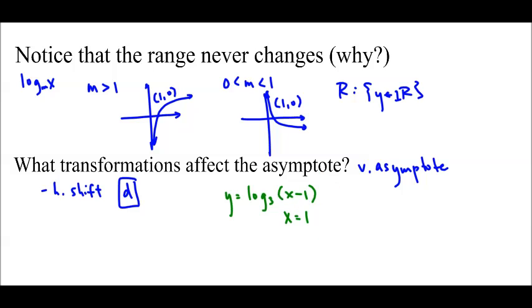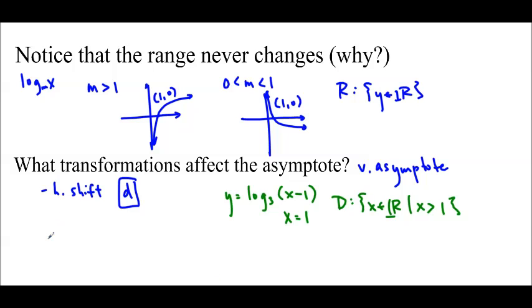And also, this is going to affect our domain. Our domain would be x in R, such that x is greater than 1. It's greater than 1 because we can only take the logs of positive numbers. However, a flip doesn't affect the asymptote, but it does affect the domain.